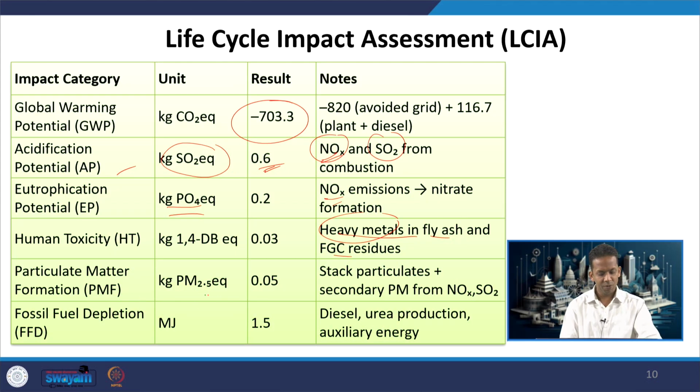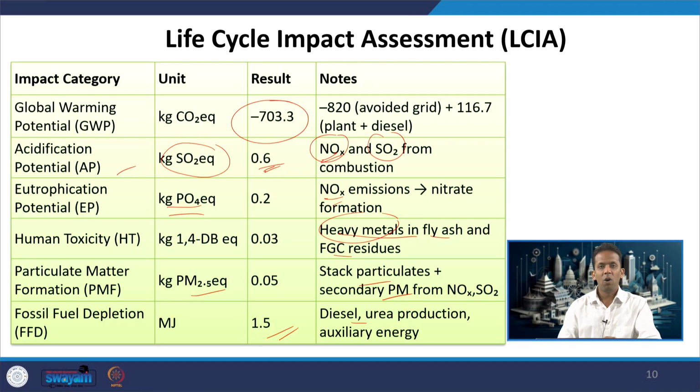Then particulate matter formation was also given based on PM10 and PM2.5. Fossil fuel depletion is with respect to the consumption of auxiliary energy or fossil fuels in the process, like how much diesel or urea is being used, and what portion of fossil fuel has been depleted from nature's reserve. That gives us the fossil fuel depletion potential.